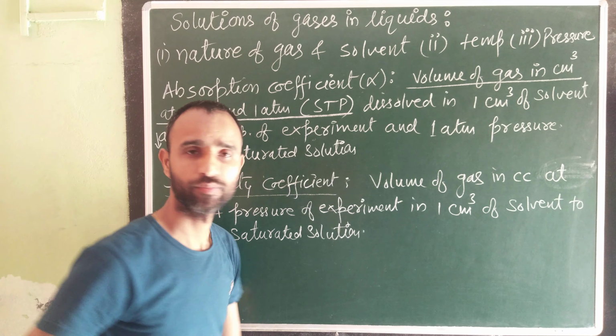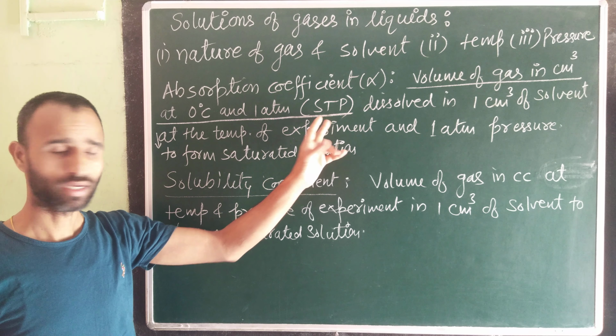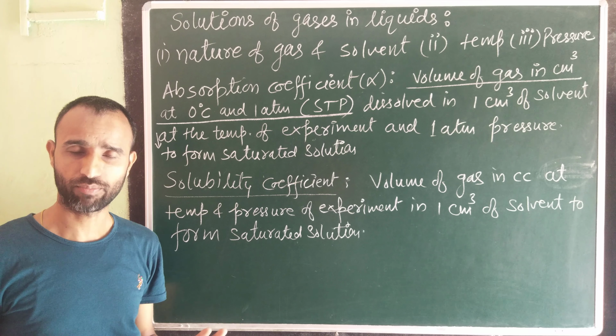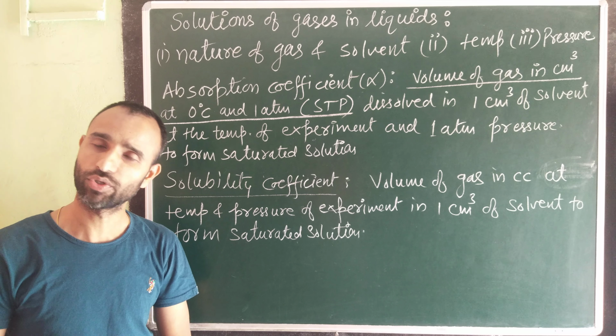Right? Difference is, this is the volume of gas in cc at STP, and this is the volume of the gas in cc at the prevailing temperature and pressure of dissolution.